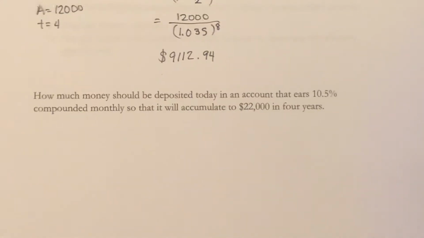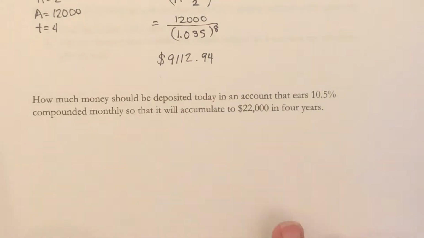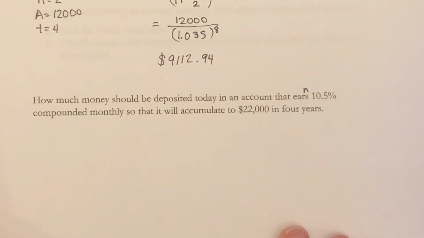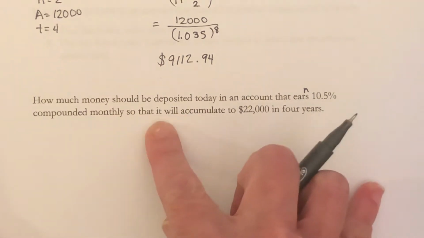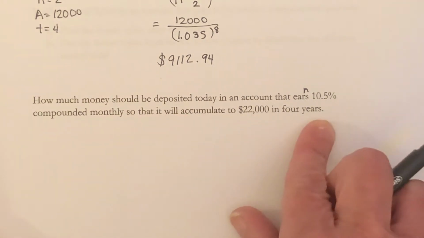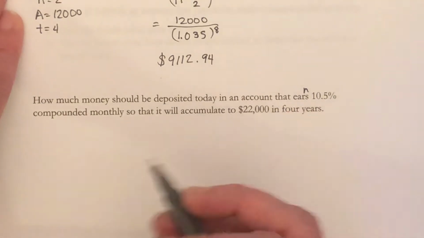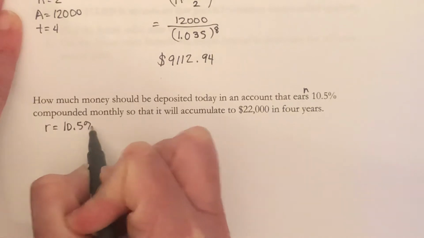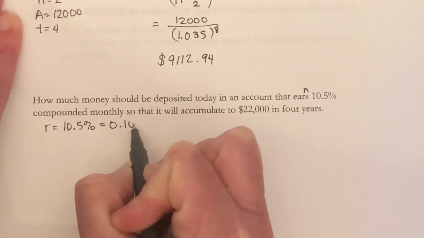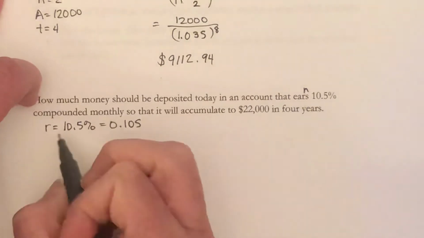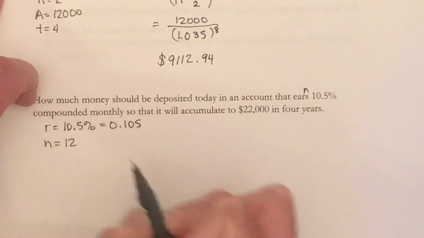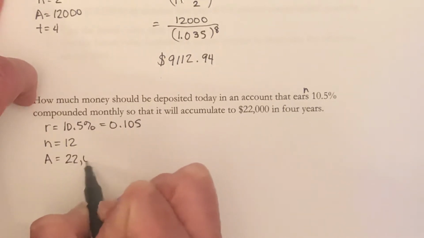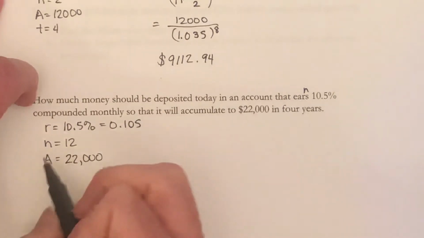Okay. How much money should be deposited today in an account that earns 10.5% compounded monthly so that it will accumulate to $22,000 in 4 years? Okay, so our rate is 10.5%, which is 0.105. Compounded monthly, so our N value is 12. Our accumulated value should be 22,000. And time is 4 years.